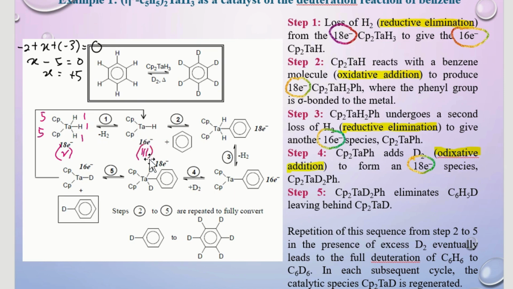When you calculate the oxidation number, we had 5 at first. After the first step, they lost 2 ligands, so of course the oxidation number is 3. The total number of electrons also reduces by 2, so 18 to 16. So 5, 5 for Cp, our central metal also 5, so 5 times 3 equals 15, plus 1 from hydrogen, equal to 16.